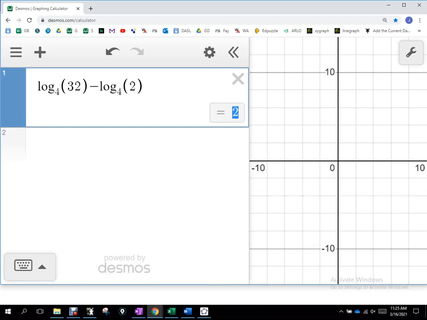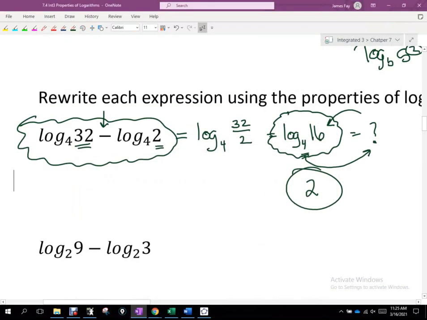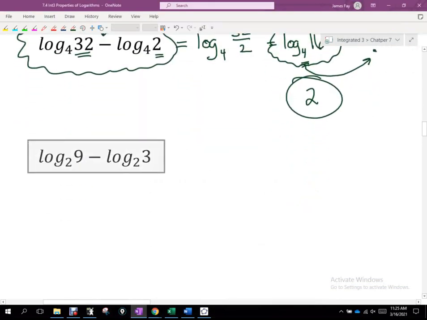Take a minute and see if you guys come up with this one. It's the same exact style, same exact procedure.